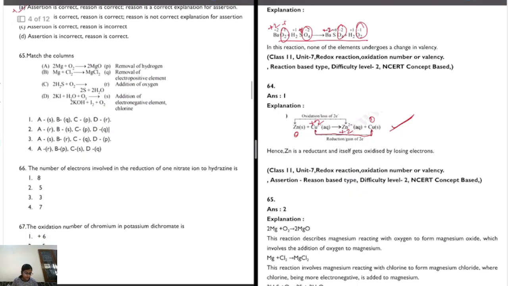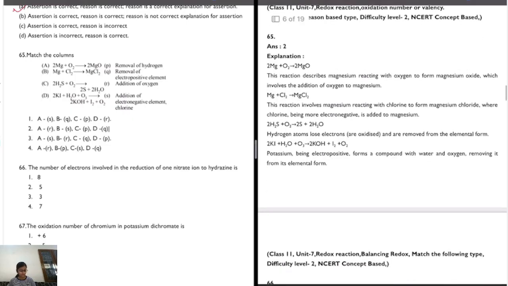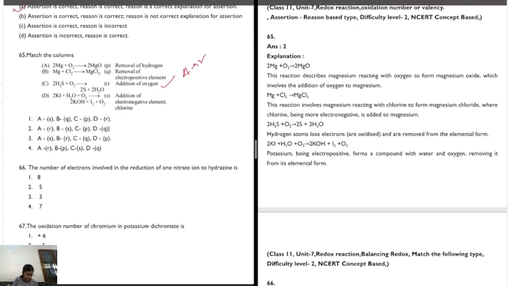In the next question, we have to again match the columns. See, this one is easy. You'll see Mg plus O2 to give MgO, which is correct here. You see no role of hydrogen, no role of electron, yes, addition of oxygen. Therefore, A with R, which option is correct out of these two?